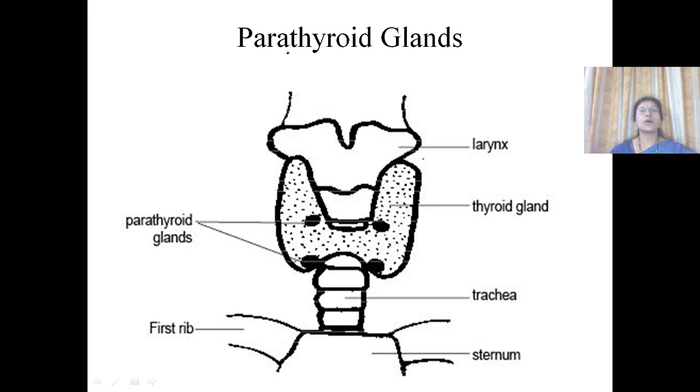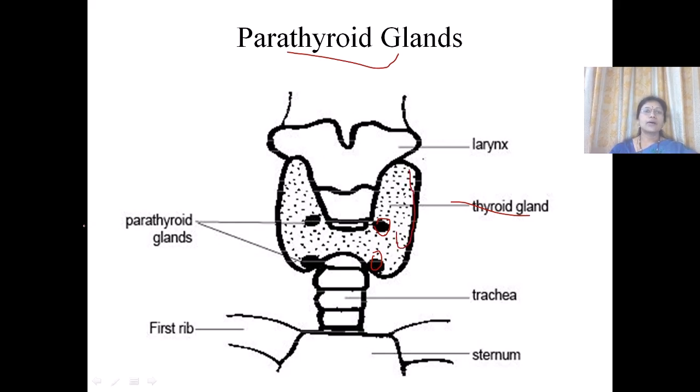Parathyroid glands are two pairs in man. They are embedded in the tissues of the thyroid gland. One pair is present in each lobe of the thyroid gland.